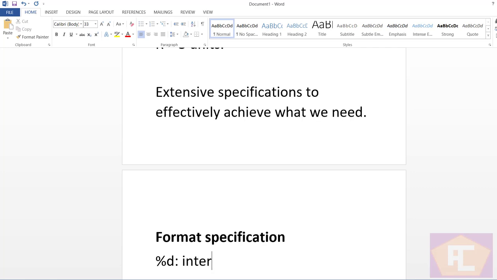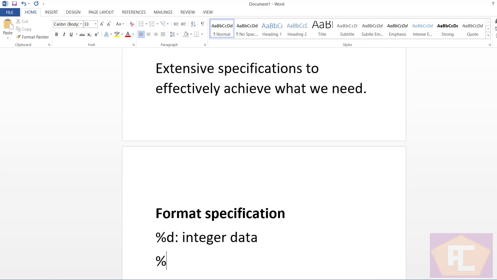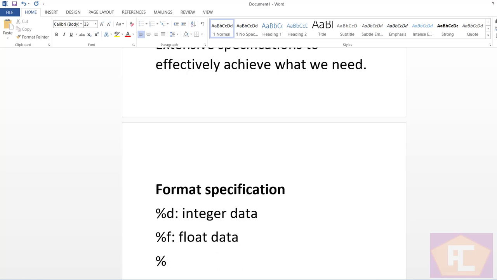Now this is used for integer data. And next one is %f. This is used for float types. So when I say float, that means it has a decimal point. Now the next type is %c. In this case, we would be using this for character data.